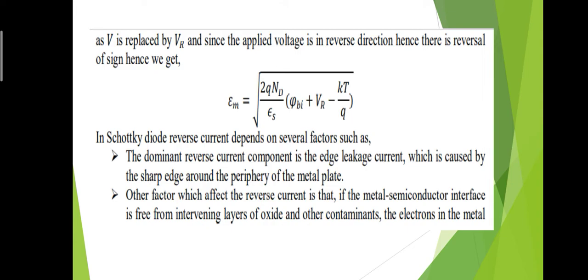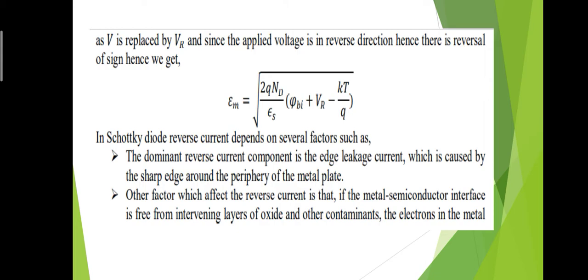Another factor which affects the reverse current is whether the metal semiconductor interface is free from intervening layers of oxide and other contaminants. If these intervening layers of oxide and other contaminants are not present at the metal semiconductor interface, then we do not get as much reverse current.